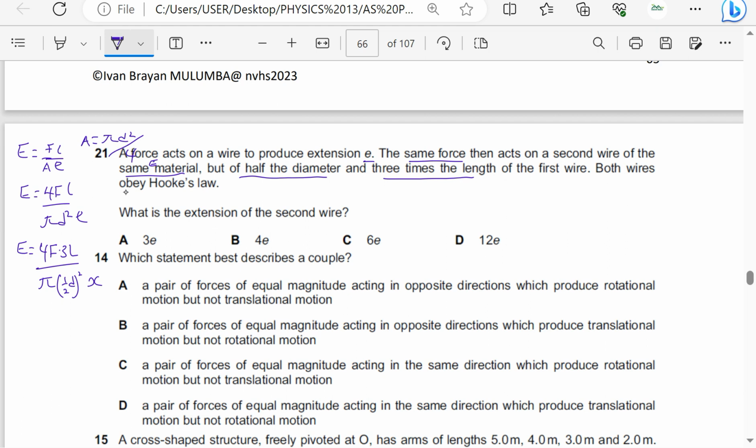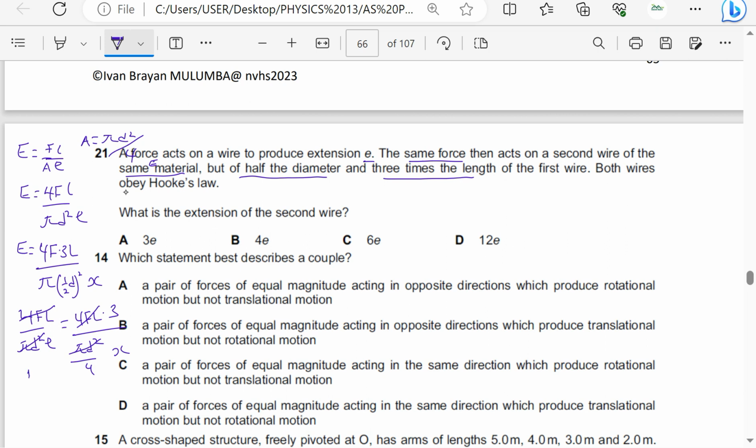So equating the two equations, we have that 4FL over pi d squared E should be equal to 4FL times 3 divided by pi d squared over 4 times x. So 4FL has cancelled, pi d squared has cancelled.